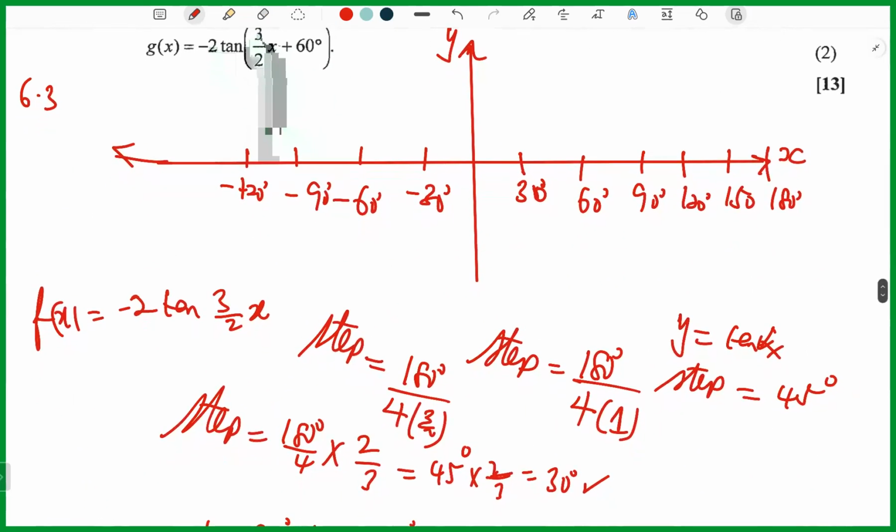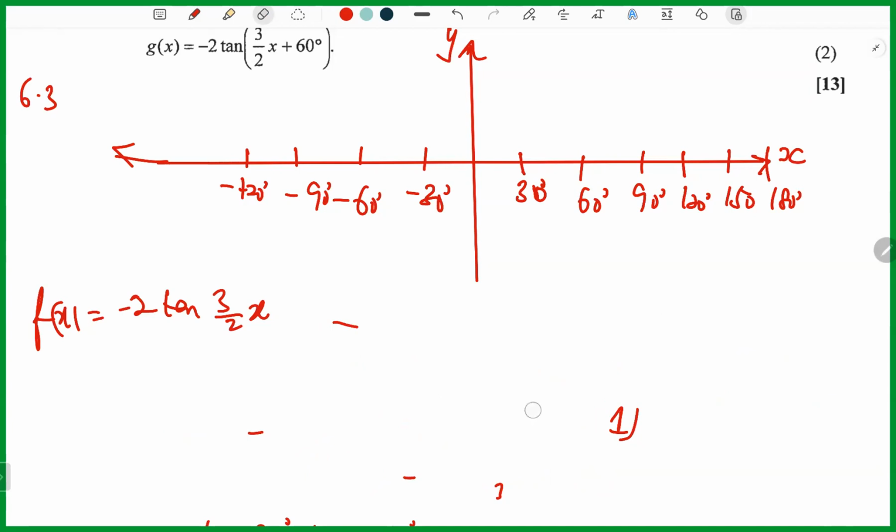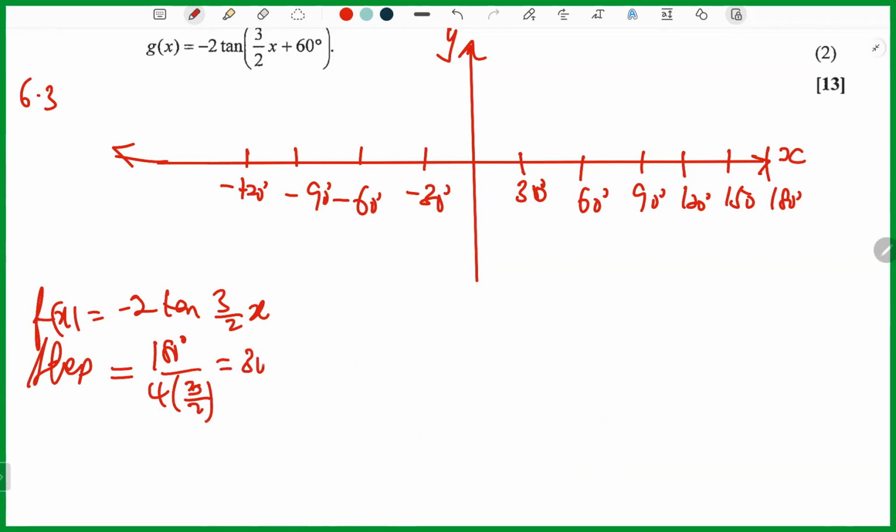So you need to draw a table normally, and now you can use your calculator to draw the actual table. The step is 180 degrees divided by 4 into 3 over 2, which is 30 degrees.